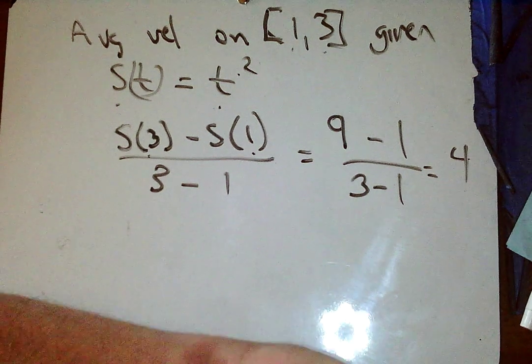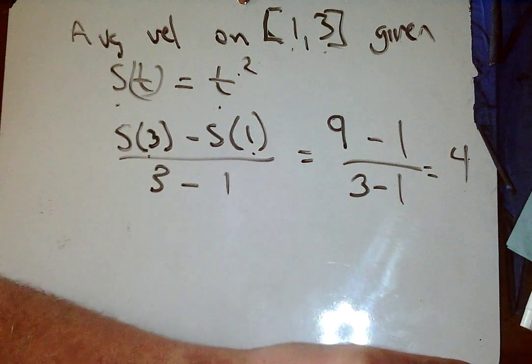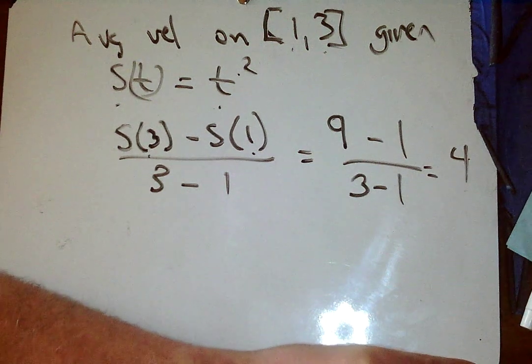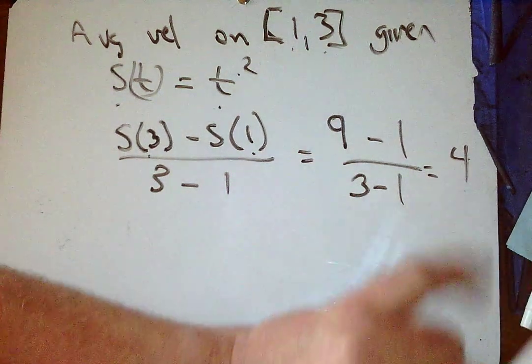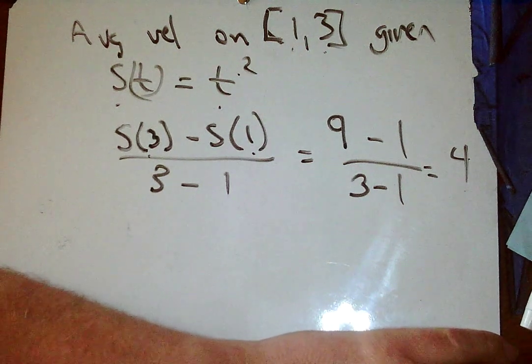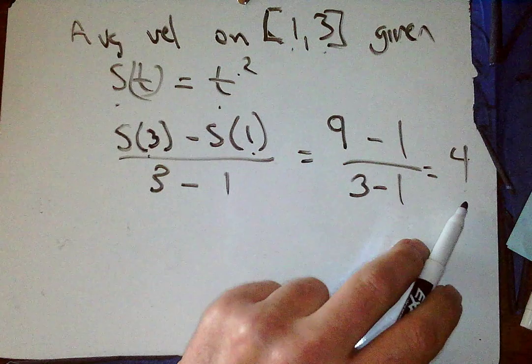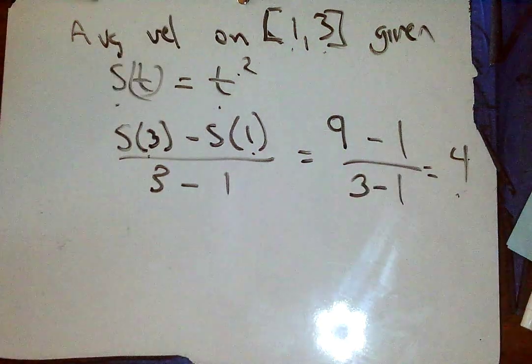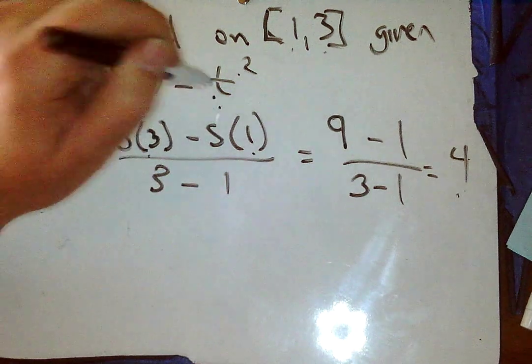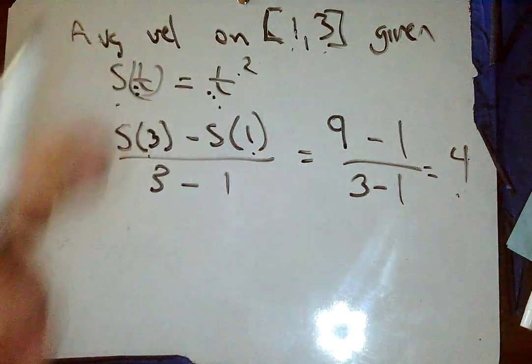Part of writing the sentences at the end of these problems is for you not just to tell other people what that number represents, but also to remind yourself, maybe more importantly, about what that number represents. That number is the average velocity on this position function from 1 to 3.